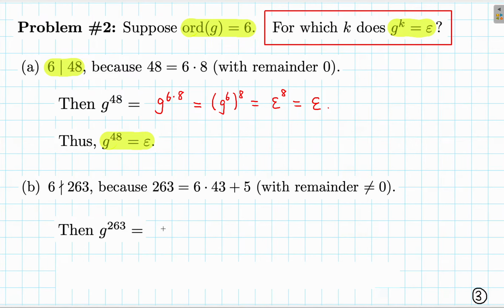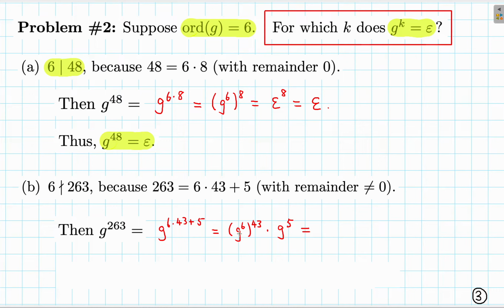Well, we get g to the, let's just use what we found here, 6 times 43 plus 5. And then again, we can break this apart using the law of exponents. This becomes g to the 6 to the 43rd power. That comes from this part. And then when we add exponents, we multiply like this, and we get times g to the 5th.